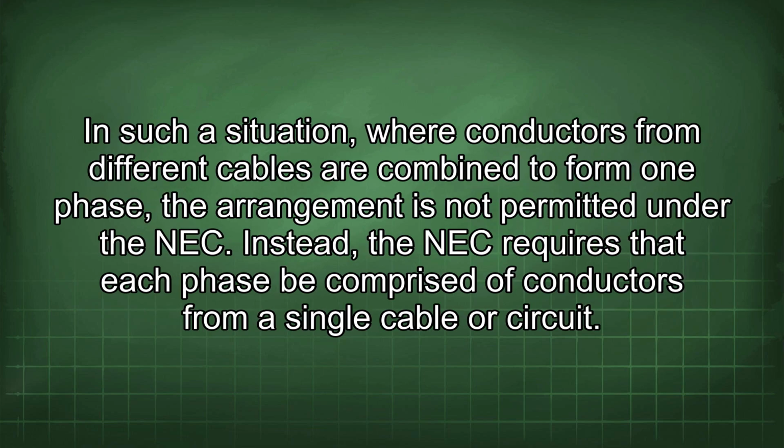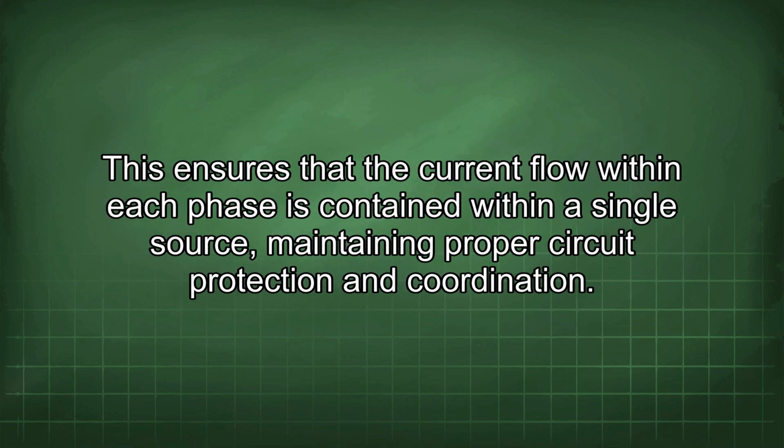In such a situation, where conductors from different cables are combined to form one phase, the arrangement is not permitted under the NEC. Instead, the NEC requires that each phase be comprised of conductors from a single cable or circuit. This ensures that the current flow within each phase is contained within a single source, maintaining proper circuit protection and coordination.